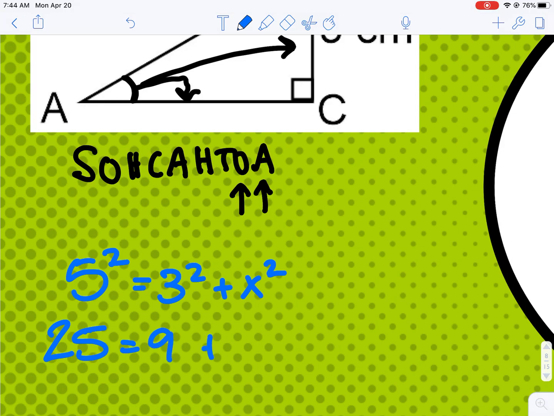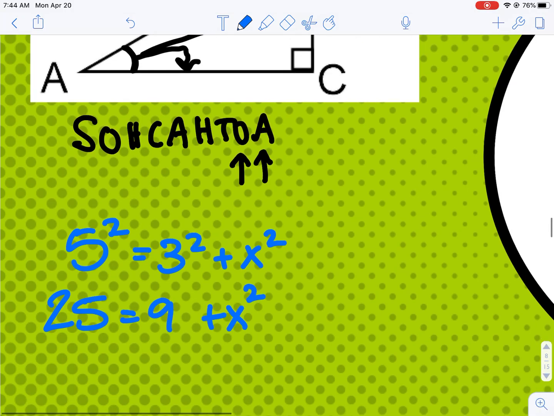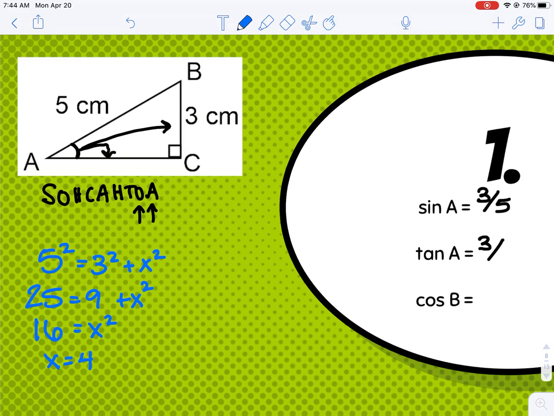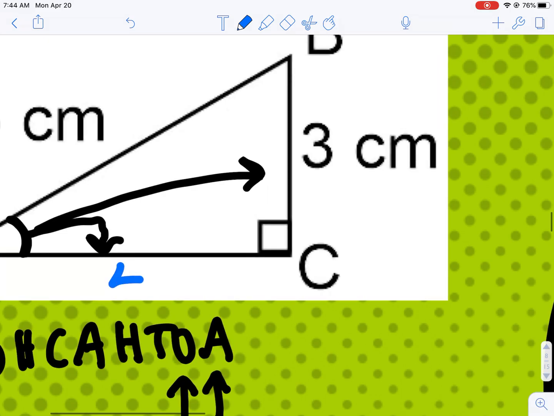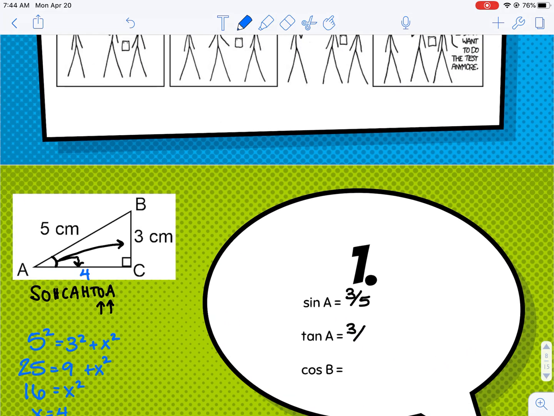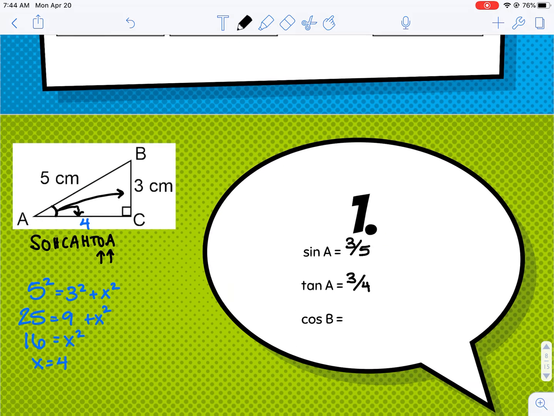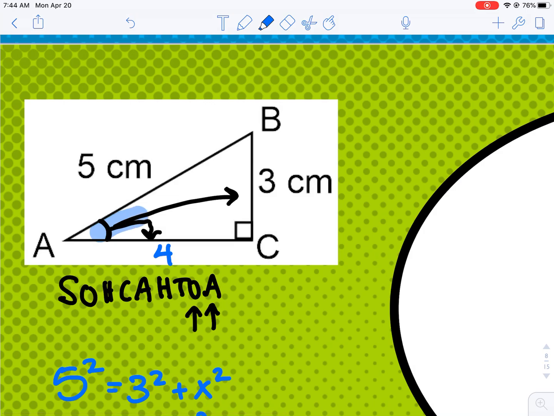So I've got 25 equals 9 plus x squared, or 16 equals x squared, which means x must be 4. Wonderful. On your checkpoint, on your test, make sure that you solve for that first before you throw it into your fraction. And then I'm asked for the cosine of B.